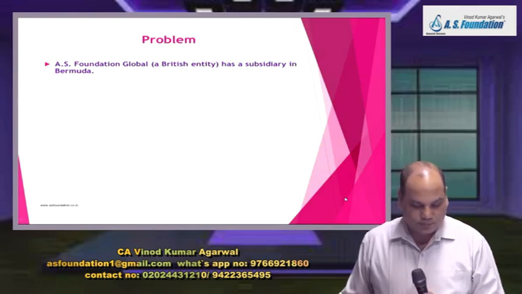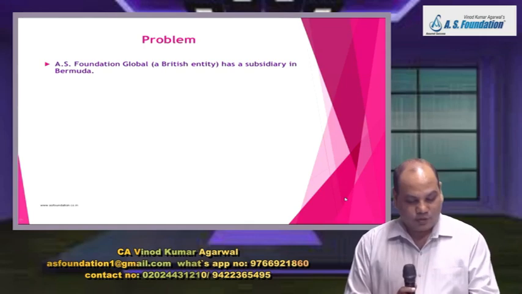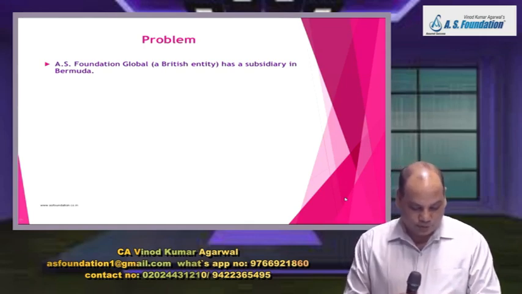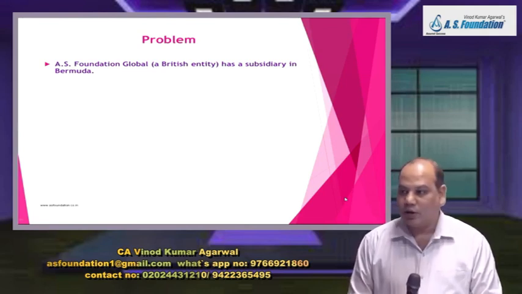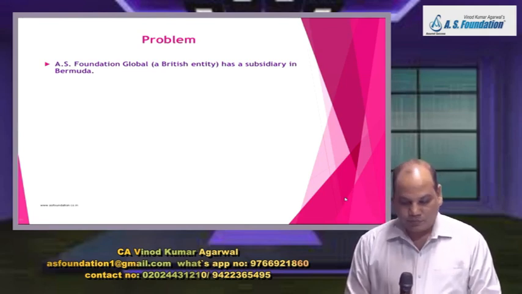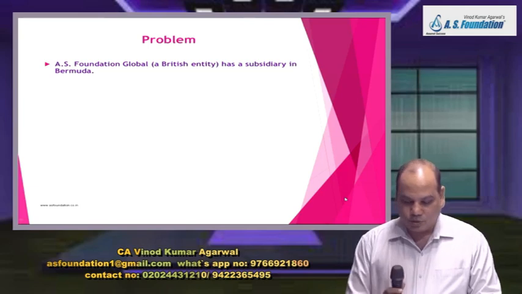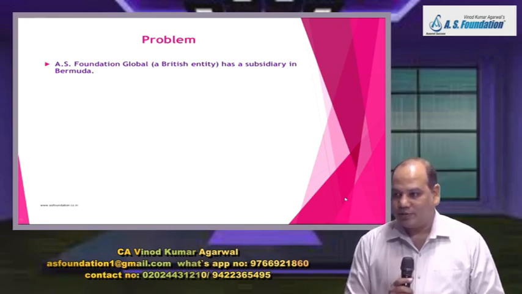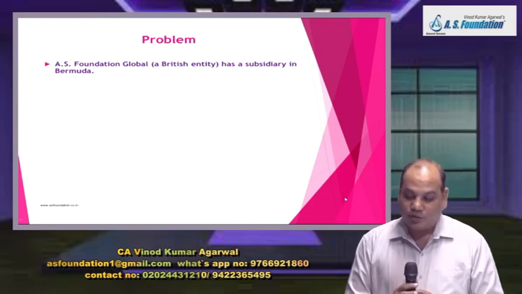Now we'll start some problems. So keep all these factors in mind which we discussed: autonomy, cash flow, dependency on funds, quantum of transaction. Open book, okay, and answer. AS Foundation Global, a British entity, has a subsidiary in Bermuda.